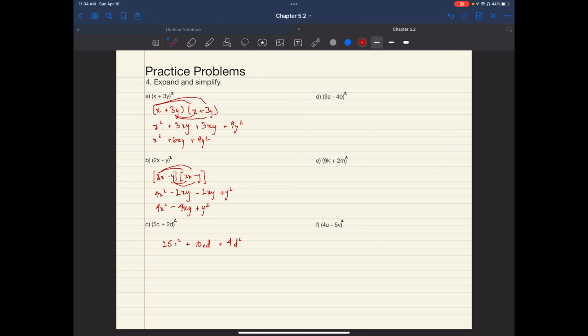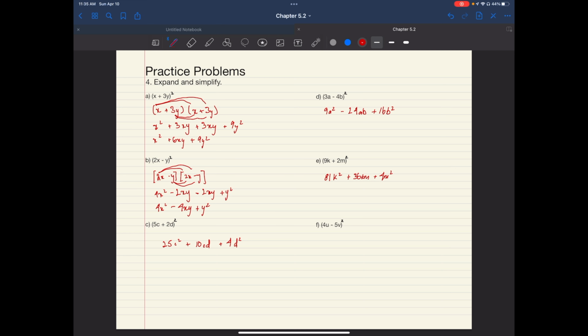Right? Yes. Okay. Now we're going to have 9a squared minus 24ab plus 16b squared. We're going to have 81k squared plus, that's going to be 36km plus 4m squared.